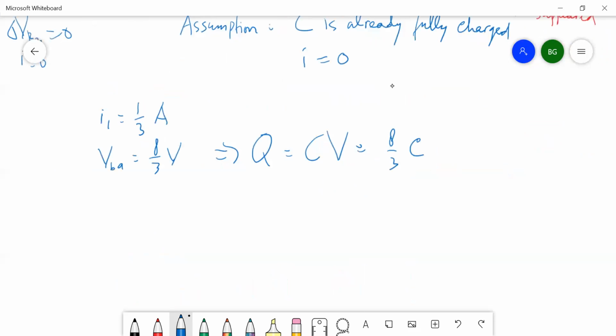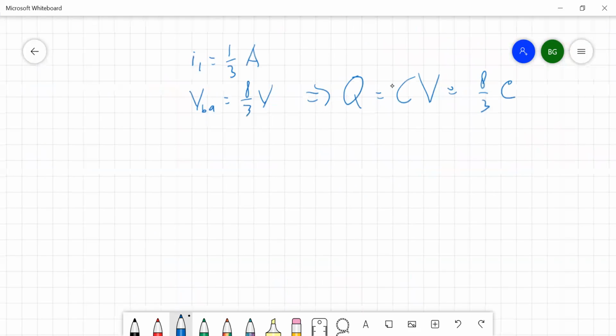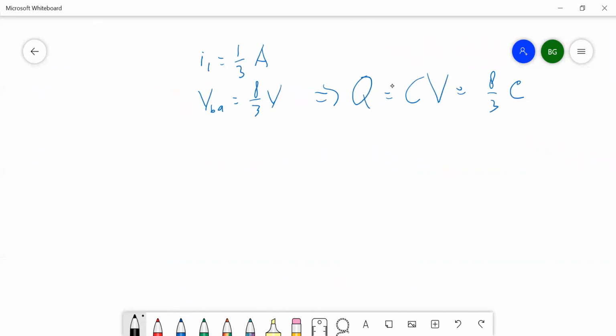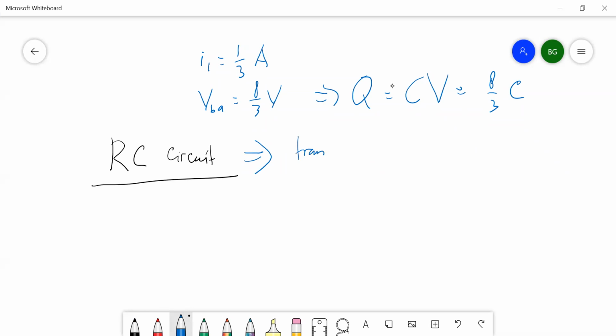Anything else? Okay, let us continue to the RC circuit. The main discussion of this subsection is about what I said just now, transient.